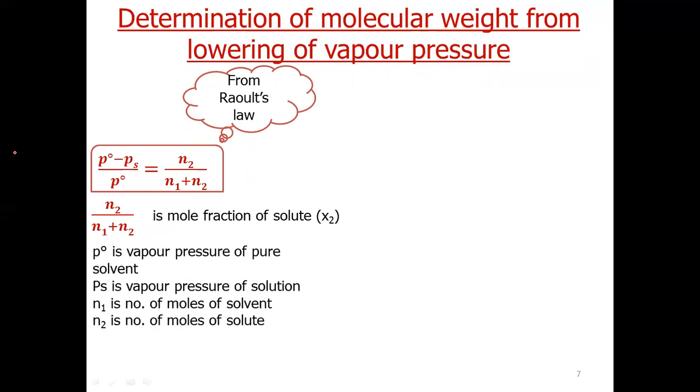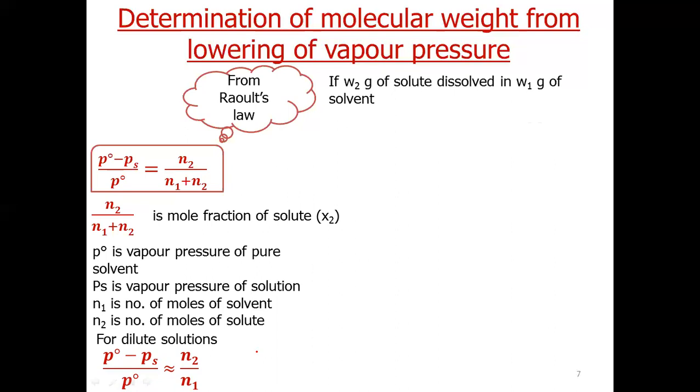I have already specified these terms. P naught is vapor pressure of pure solvent, Ps is vapor pressure of solution, N1 is the number of moles of solvent, and N2 is the number of moles of solute. Now, if the solution is very dilute, this relation reduces to P naught minus Ps by P naught approximately equal to N2 by N1.